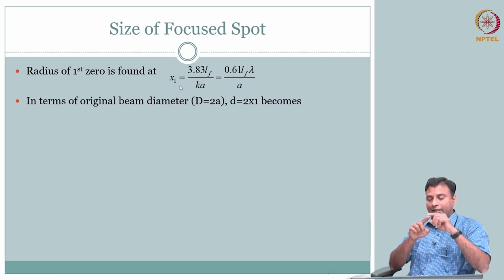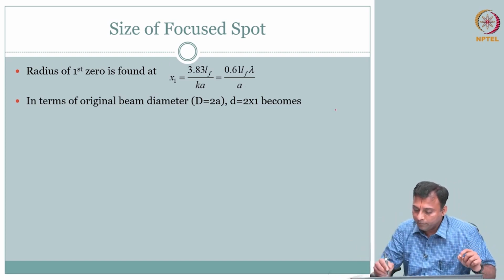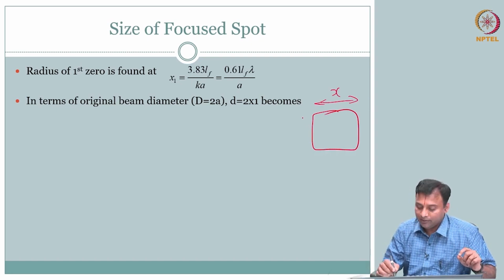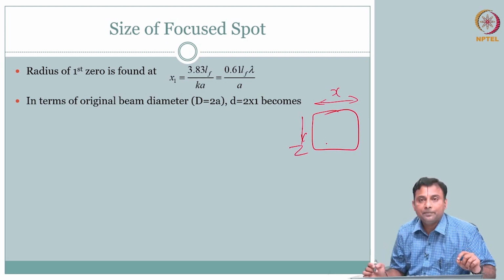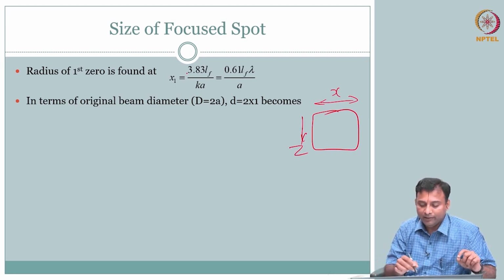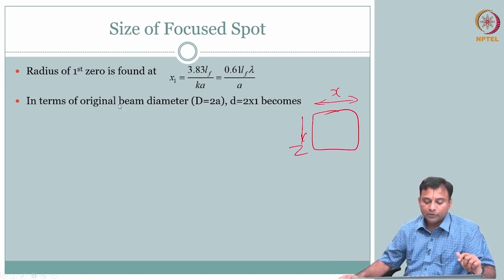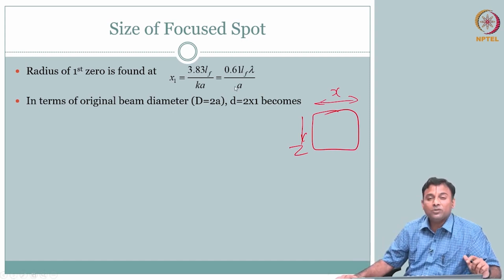You have in the imaging plane, this is my azimuthal or x, this is my z, right? So x1 is the width, that is what we are after. In terms of original diameter, A is the radius I said, so diameter is 2A.